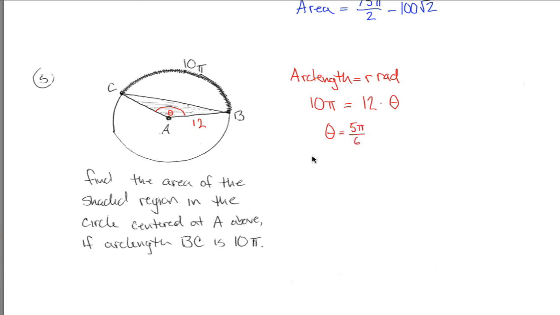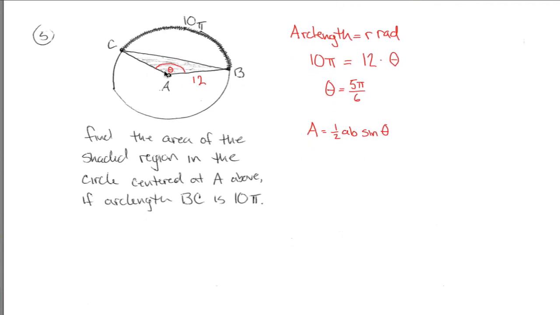And once you know that theta is 5 pi over 6, we can find the area of this triangle by saying that the area is 1/2 AB sine theta. And again, the good news is both A and B in this picture are 12 because they're both equal to the radius. So 1/2 times 12 times 12 times sine of 5 pi over 6.